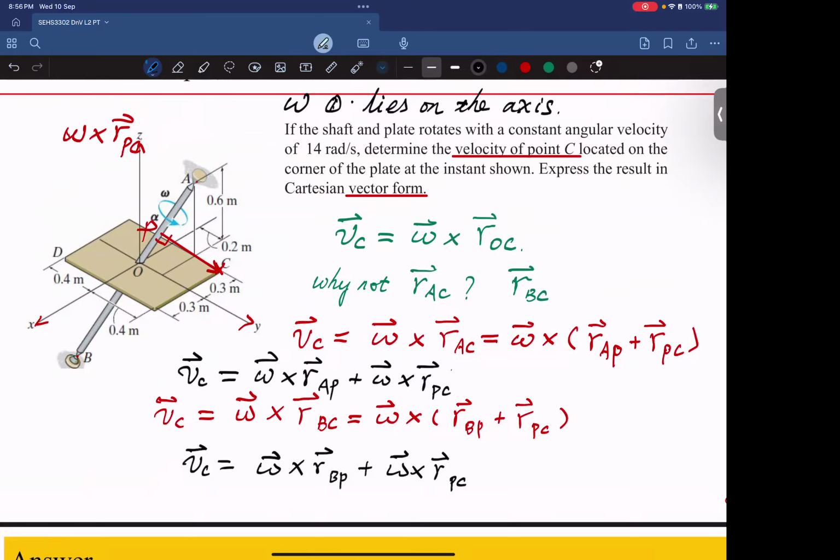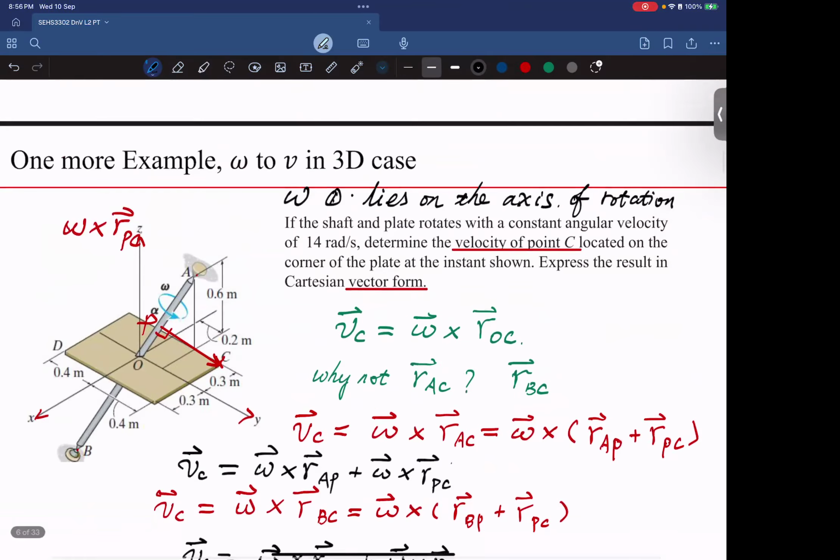On the axis of rotation. And secondly, it must follow the right-hand rule. Lying on the axis can be this direction, or the opposite direction. So how to identify which one is correct?